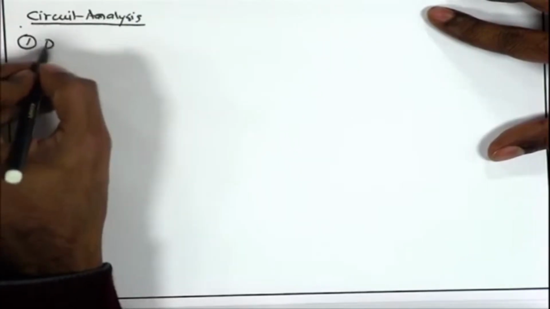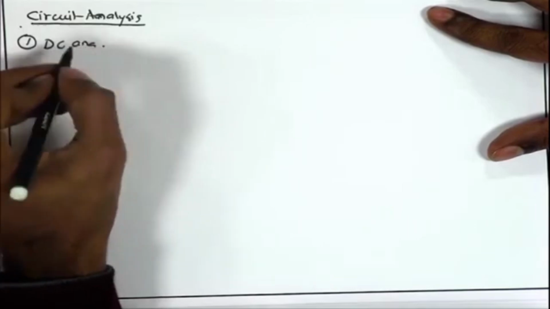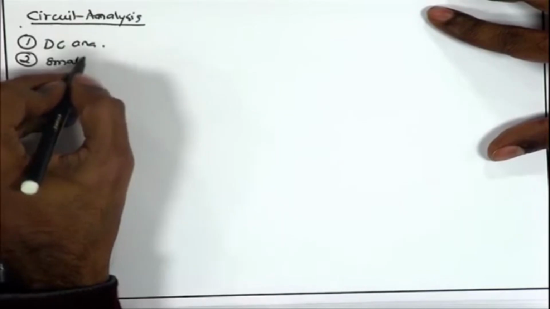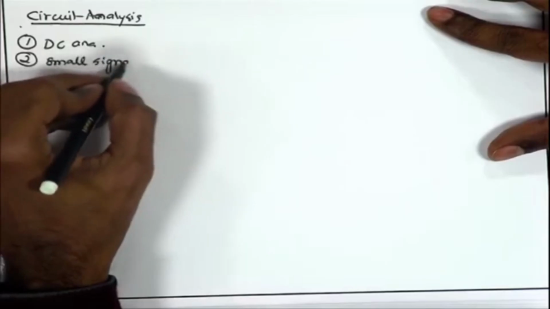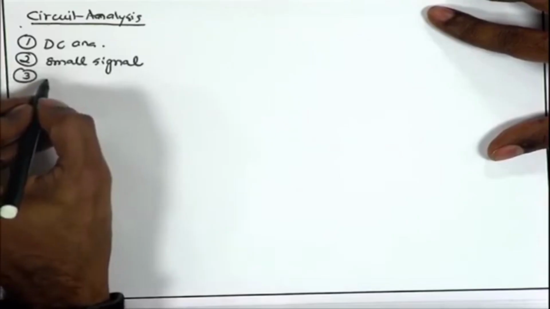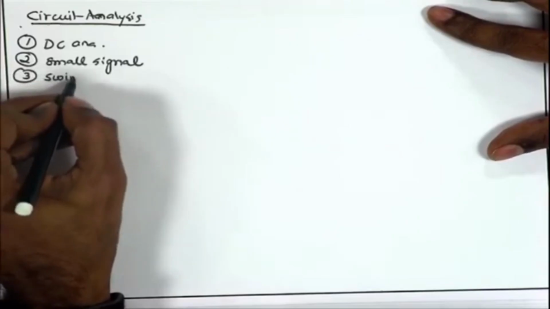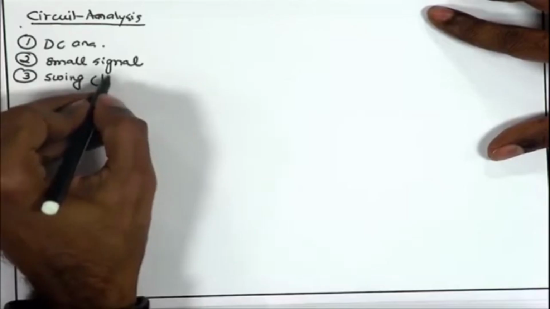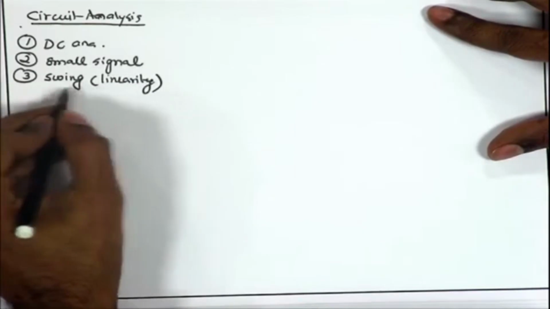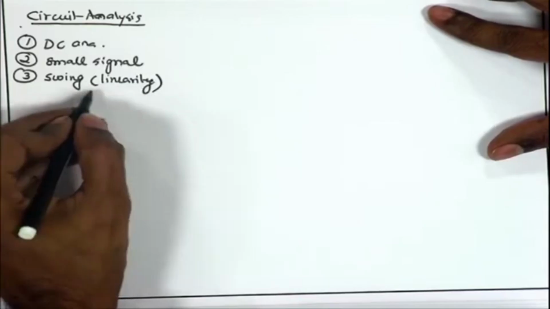second is small signal, we also need to take care of linearity or swing, signal swing or linearity. We will discuss what is the significance of swing and what we mean by linearity.